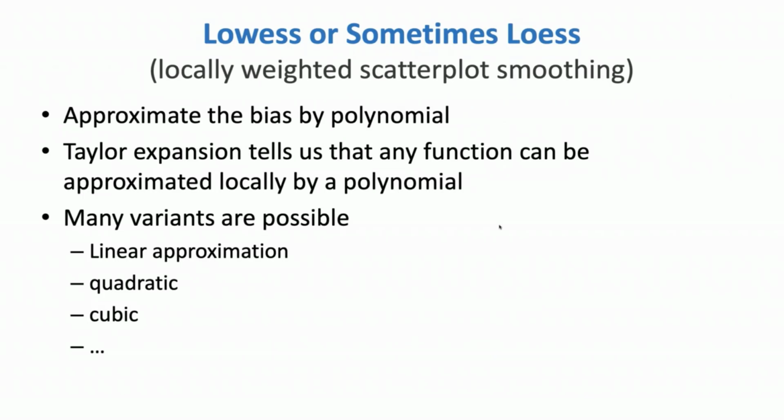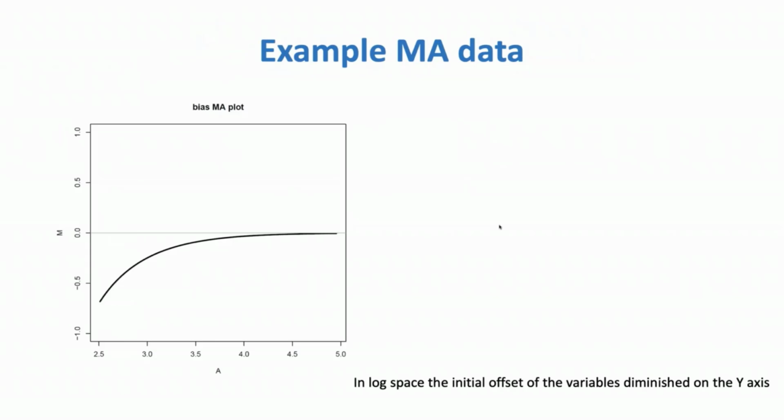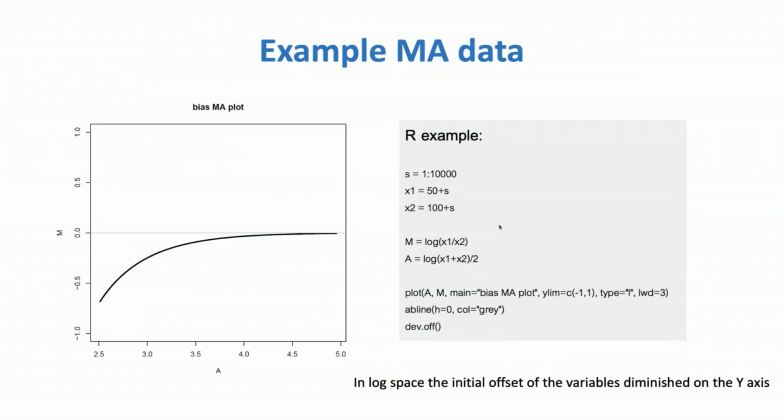So the way to do this is Lowess or Loess correction, which is basically locally weighted scatterplot smoothing. There's many ways you can fit these models, but in practice, here's an example function, which is quite simple.